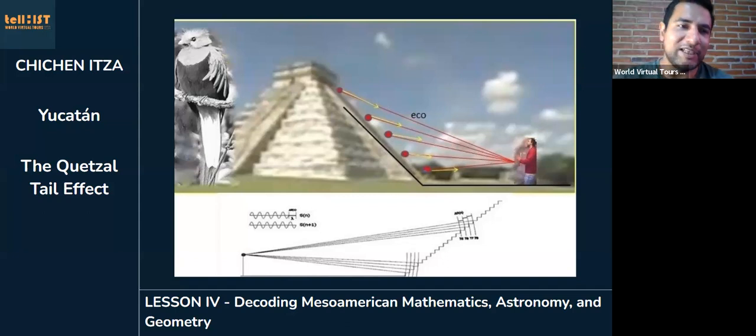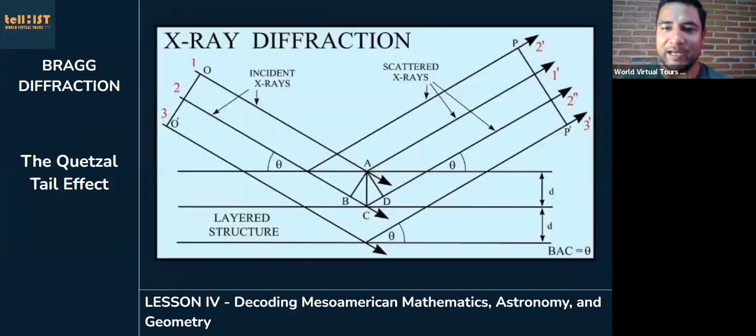Okay, so this phenomenon, speaking about mathematics or physics or acoustics, is known as acoustic sweeping, and it is popularly known as the quetzal tail effect when we are speaking about the archaeological sites. So when a person claps on the steps, it creates this echo named the quetzal's tail effect.